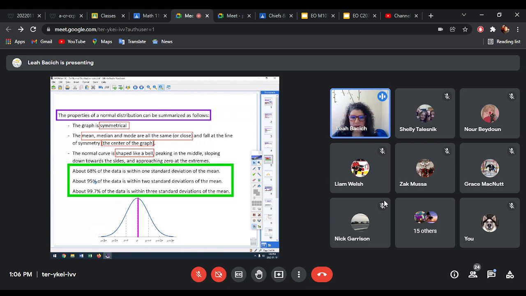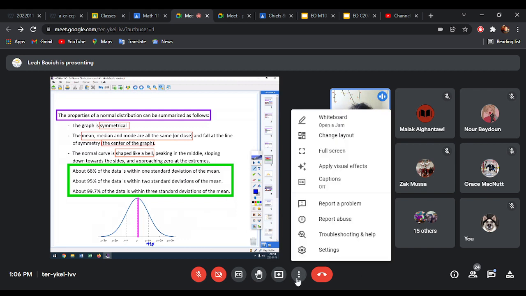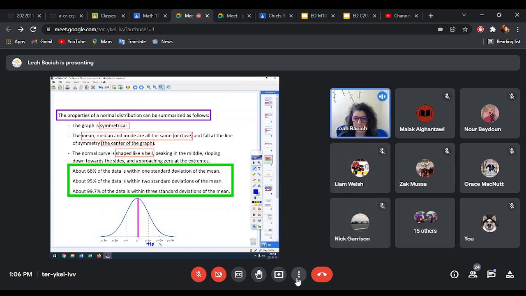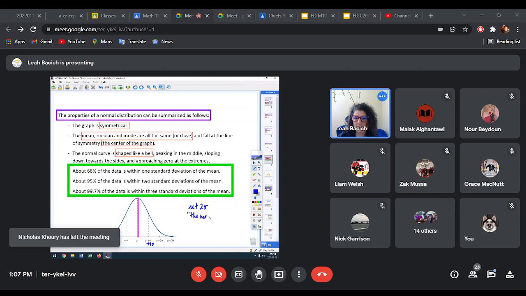So these percentages are really important for you to know. If you look here at the bottom of your graph, this is actually plus 1 standard deviation, although it doesn't say 1 in front of it, but this is plus 2 standard deviations, and this is plus 3 standard deviations. So the mean plus 2 standard deviations is what this would translate to be.